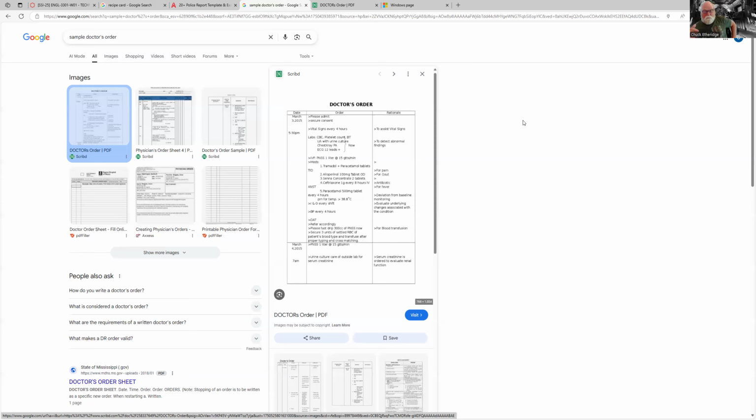But if not, then it could result in a lawsuit or an examination of how the doctor did it. So it's protecting the doctor, it's protecting the hospital, it's protecting the patient if the doctor did something wrong. It's also going to make sure the doctor and the hospital get paid, and probably most importantly, going to ensure that the patient gets the care that they need.